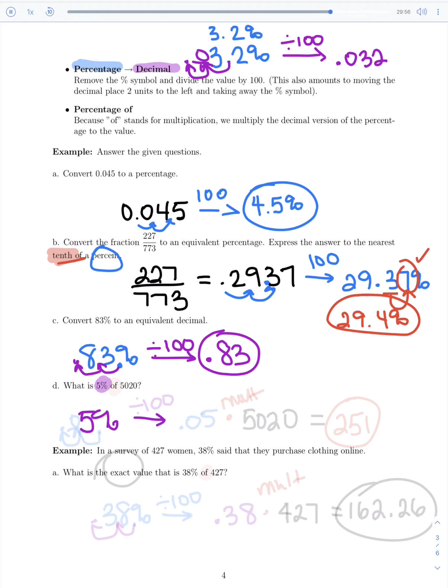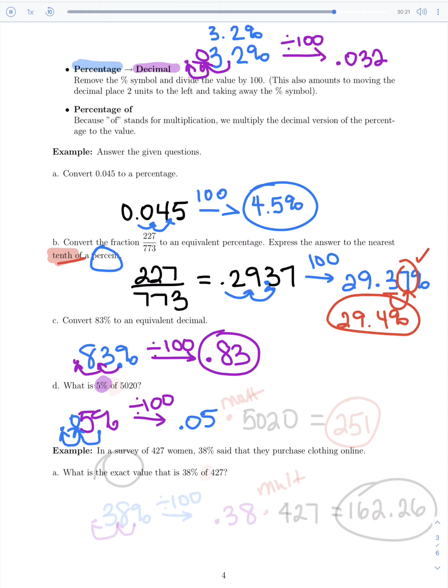What would it be as a decimal? So divide it by 100, or move the decimal place, which is currently at the end, 2 places to the left, which means we're filling in one empty spot with a 0, which will give us 0.05.